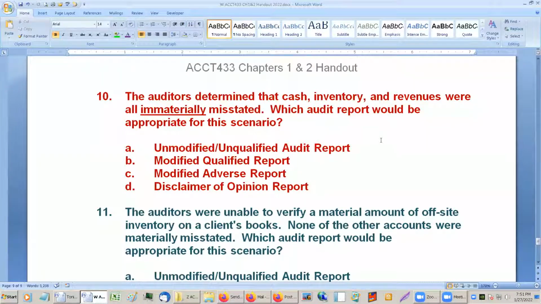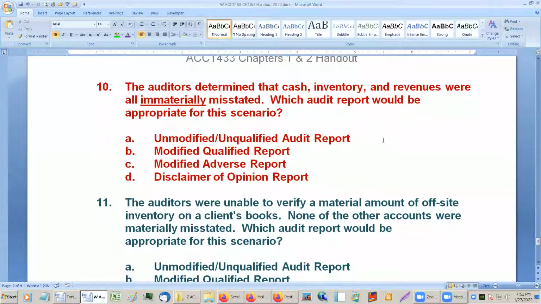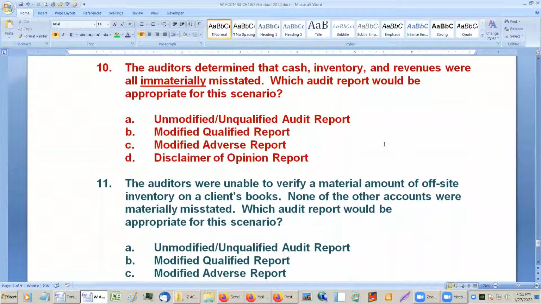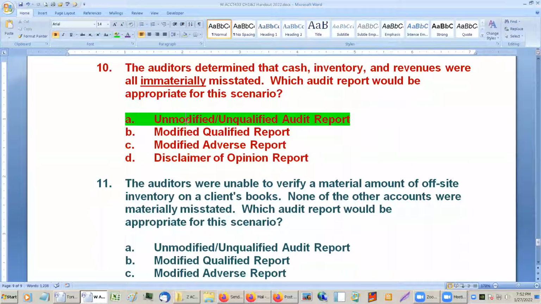Next: the auditor determined that cash, inventory, and revenues were all immaterially misstated. Which audit report would be appropriate for this scenario? Unqualified. Yep. If it's all immaterial, you just give them unmodified.